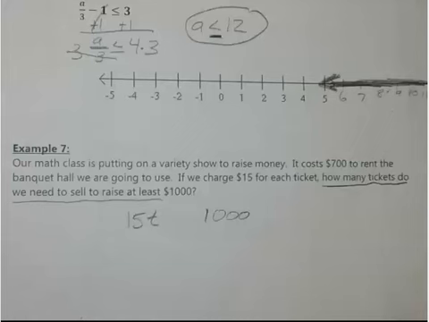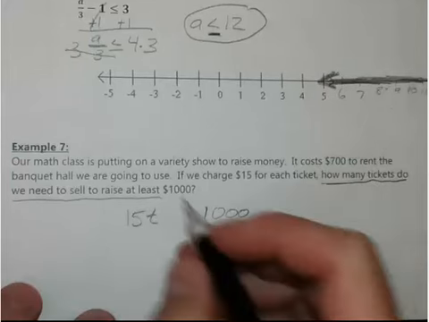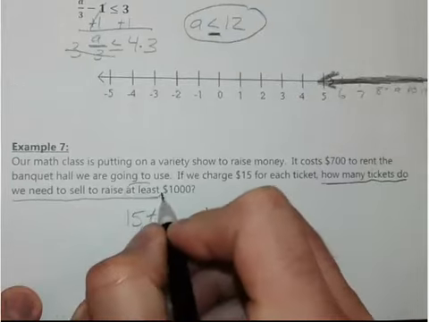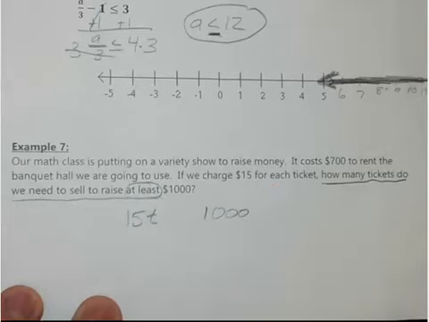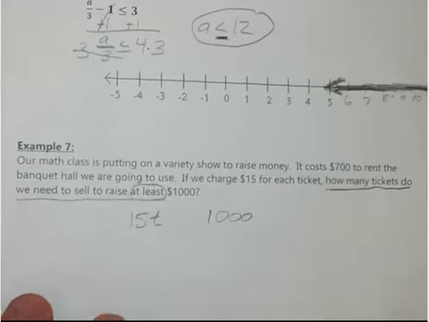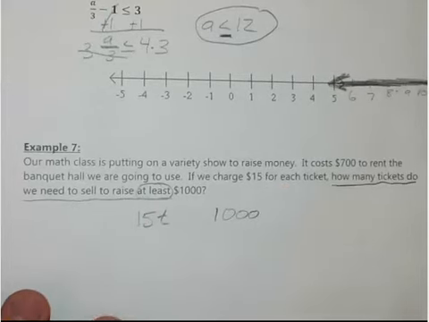Now we have to figure out our inequality sign. We want to raise at least $1,000. At least is our big hint. I gave you that sheet with all the other names for the inequality signs. At least $1,000, so that means we want $1,000 or more.